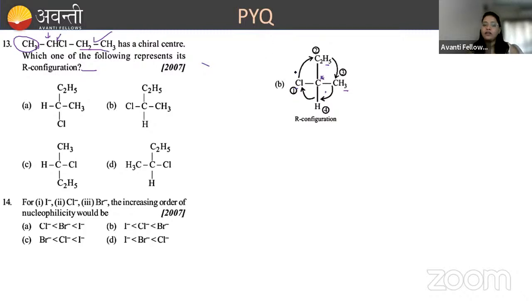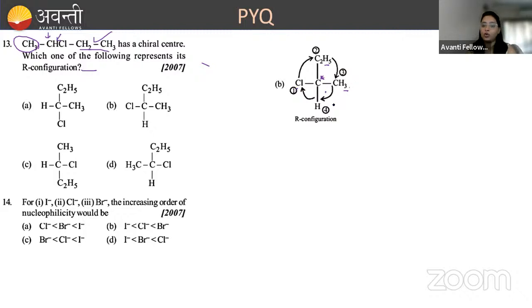Now start giving the priority order to all the substituents present at a chiral carbon atom. So here chlorine gets the first priority because its atomic weight is more as compared to the carbon. Next C2H5 will have more. Next CH3.